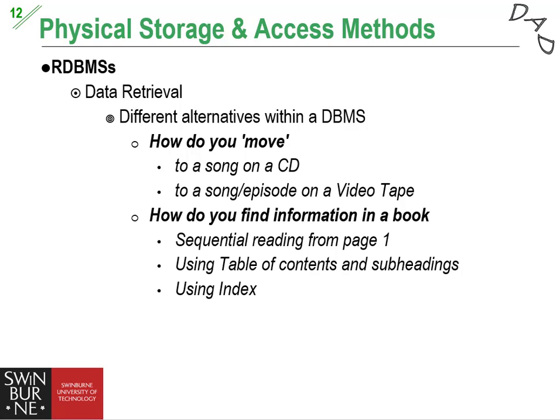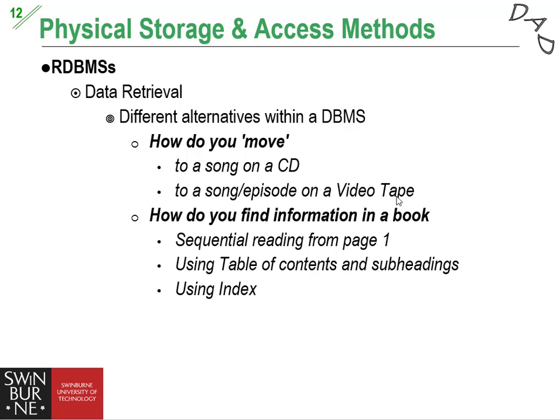Now think about an example. How are you going to find a specific song in a compact disc? Either you can type the song number, or you can rewind or fast forward the track and find the specific song you requested.